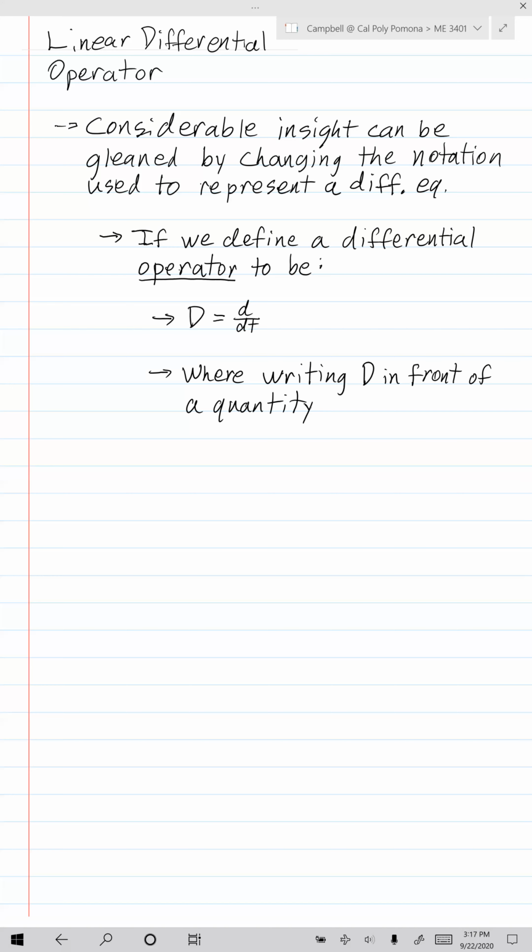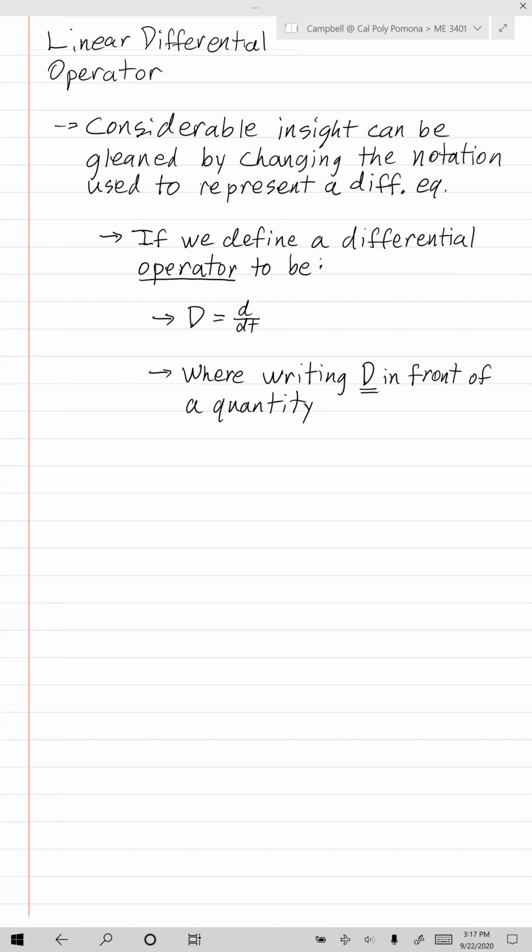We can follow those rules and it still works with these linear differential operators, so that makes them very powerful in that particular regard. But we have to understand that even though the patterns in the math follow those same patterns of multiplication, we need to recognize that D is an operation.